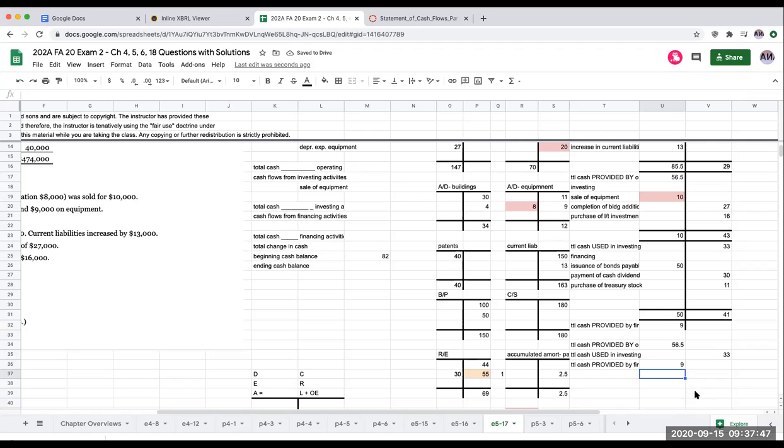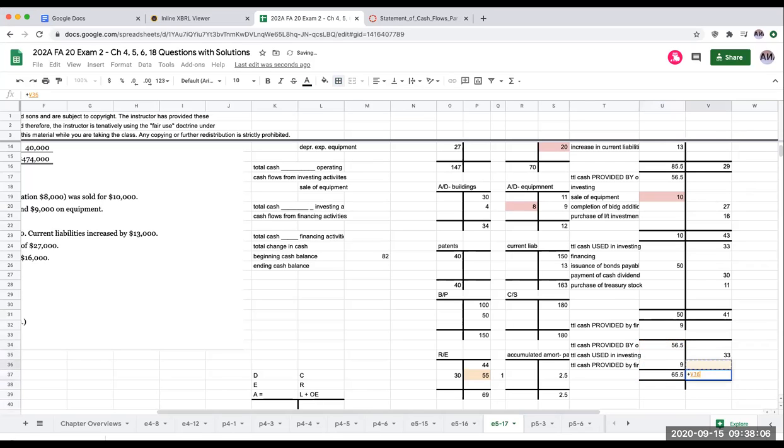So when I look at this from a T account perspective, right, what's my total change in cash? Well, my total change in cash is going to be 56,000 plus 9, which will be 65.5, less 33 is going to give me 32,500.